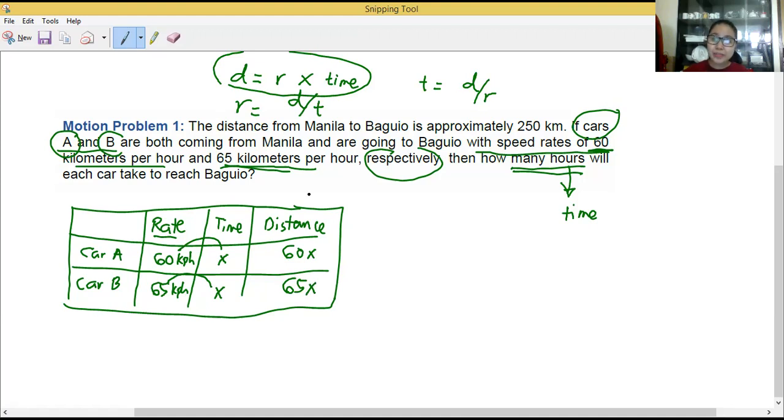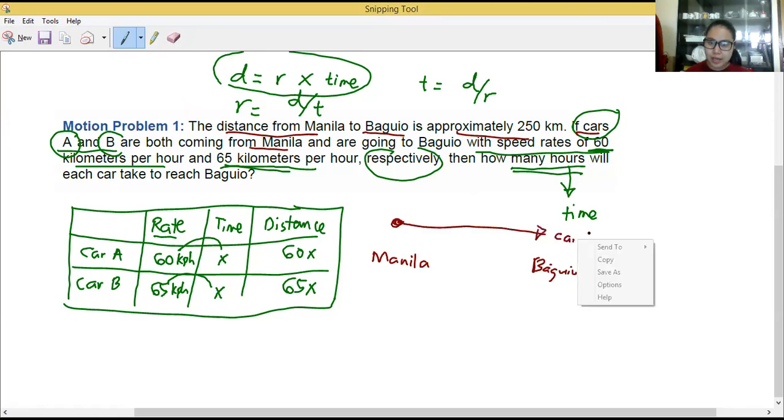Next, we write the equation. Let's go back to the problem. The problem says that the distance from Manila to Baguio is approximately 250 kilometers. Therefore, if cars A and B are both coming from Manila, so it means that here, if this is Manila and this is Baguio, then car A is moving from Manila to Baguio.